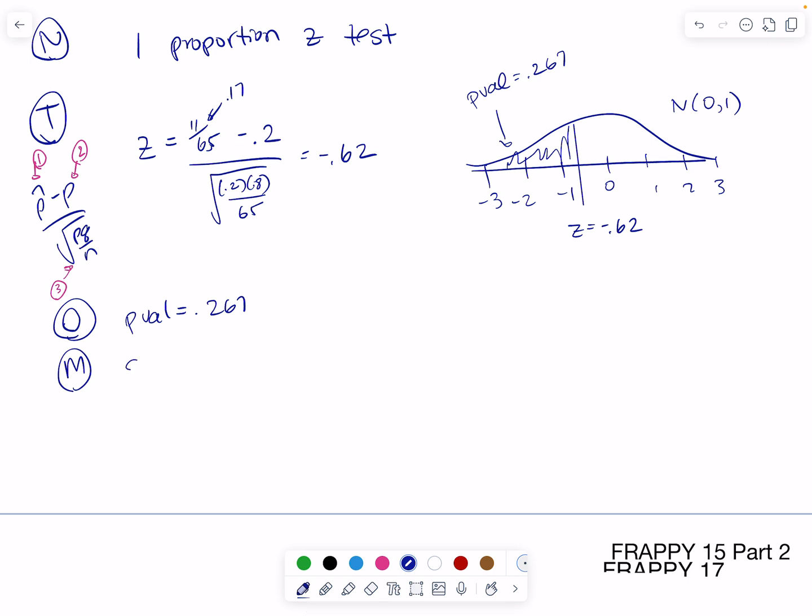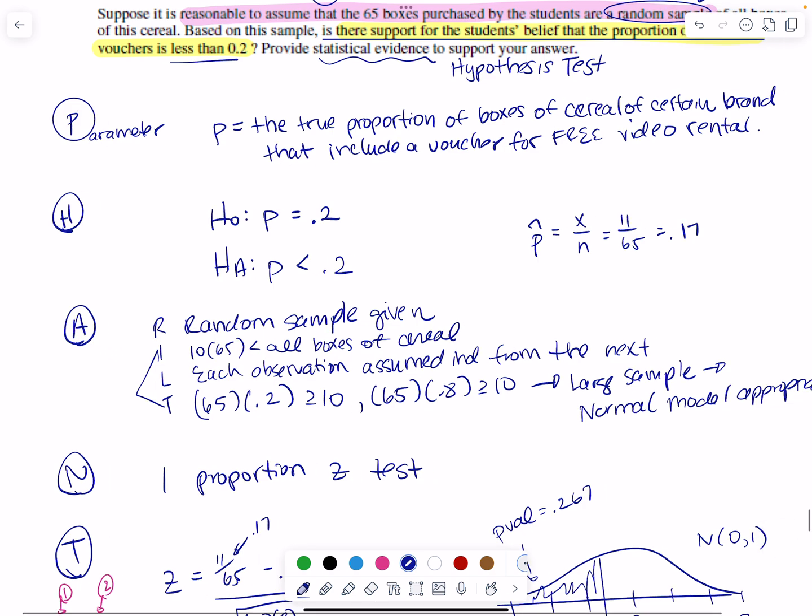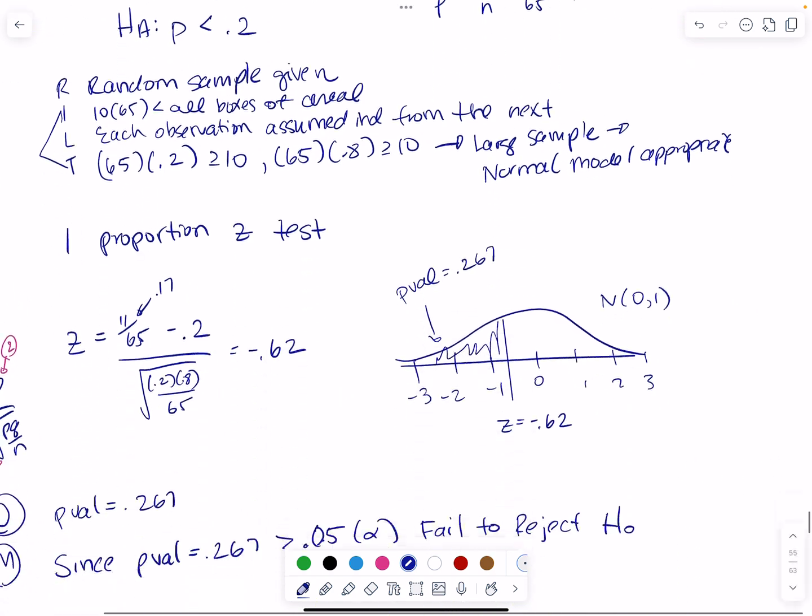So we're going to say since the p-value is equal to 0.267, and that is greater than alpha, because I chose alpha to be 0.05 since they did not give us an alpha, I'm going to fail to reject. And you could either say H0, or you could say that the proportion of boxes of cereal is equal to 20%.